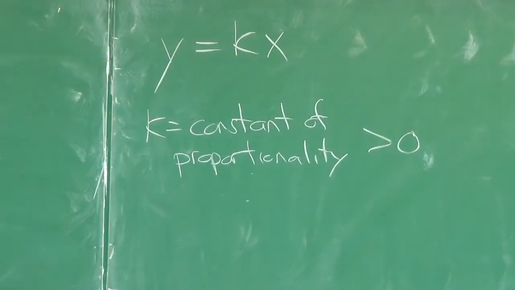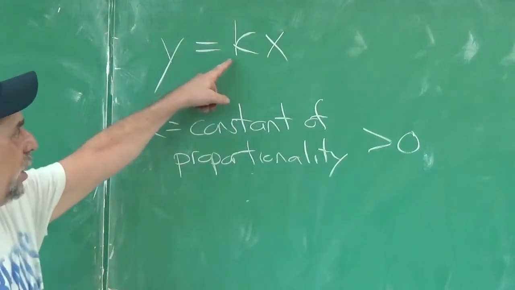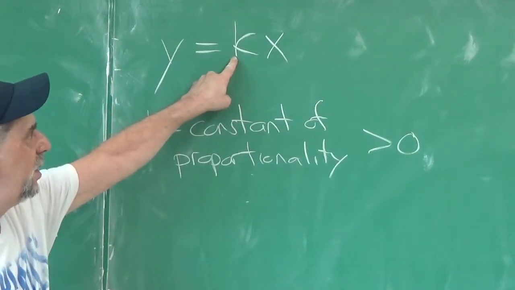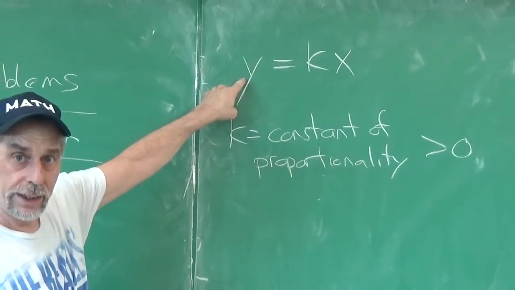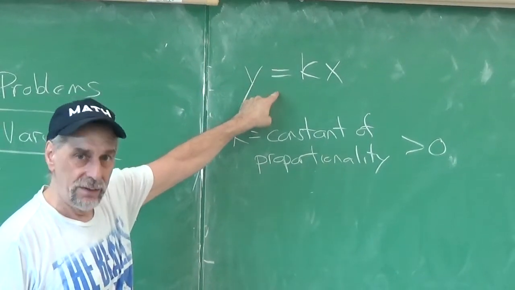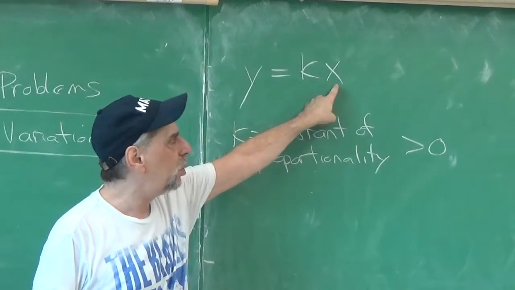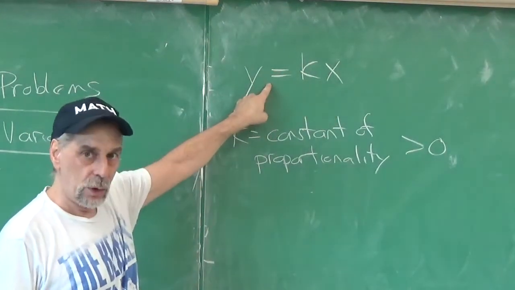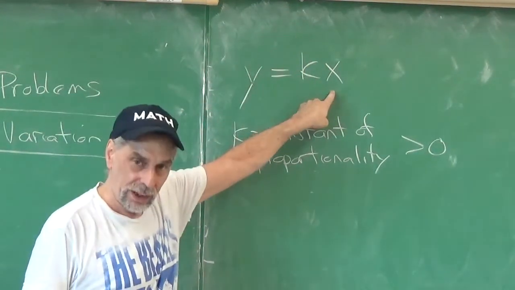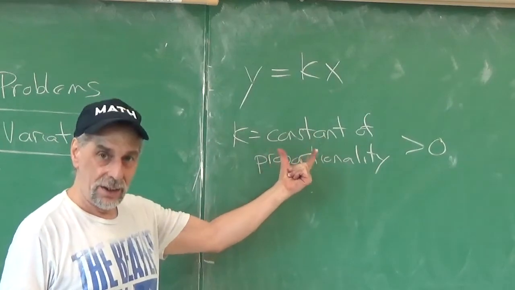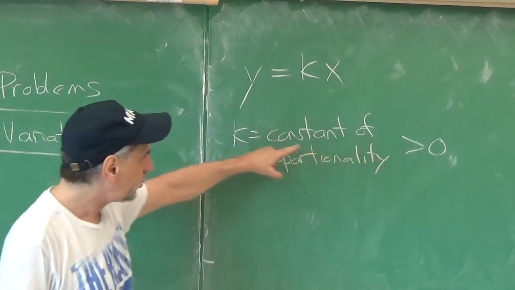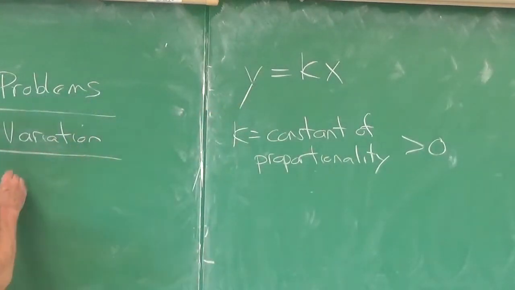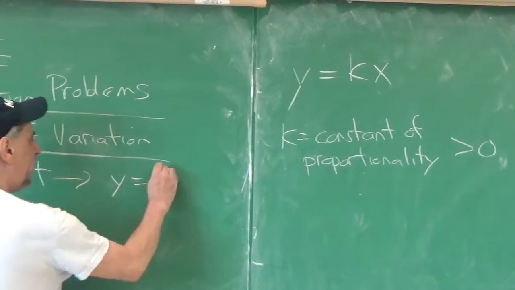So if this number is always positive, then if this number grows, this number is going to grow also. Right? So this is what we call direct variation. As one variable grows, the other variable grows. If this one gets larger, then this one gets larger, because k is a constant. K is going to be some number, always a positive number. So direct variation is when we're going to have this form.